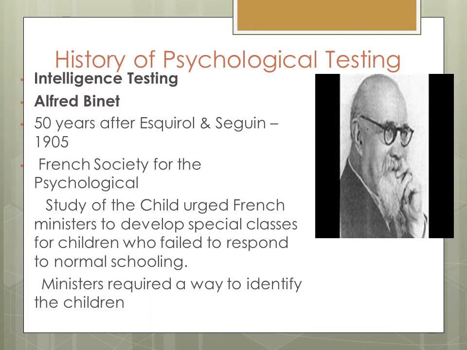His study of the child urged French ministers to develop special classes for children who failed to respond to normal schooling. Ministers required a way to identify the children. So he is the one who encouraged the government and other officials to make special education.